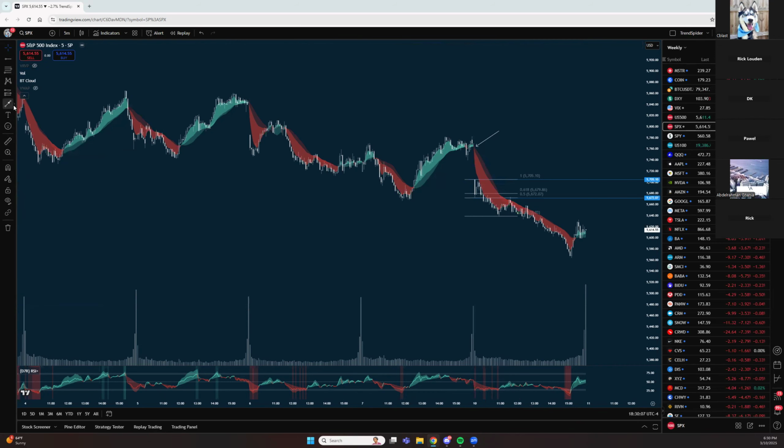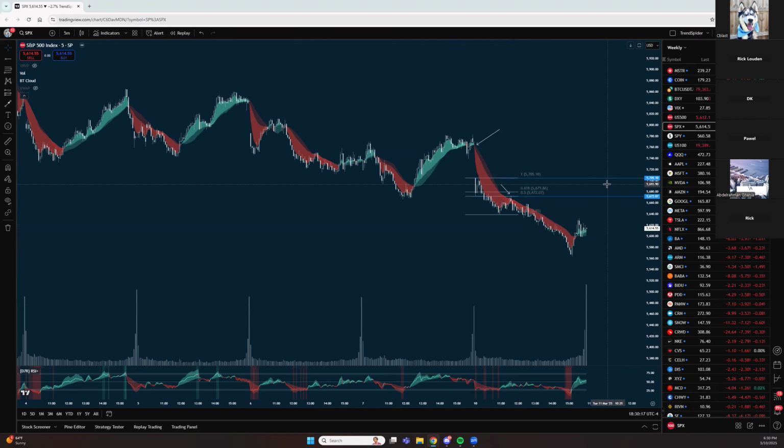That would have been a nice entry. I didn't get it, but it's based off the setup. That was the one entry today to take. I was focused on waiting for a BT Cloud flip before I take a trade, just had a bias here, but it does work for the downside like this. If you mark it, you can look to take that entry. Got it.